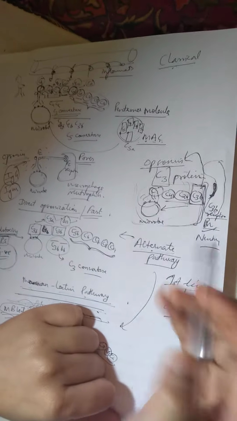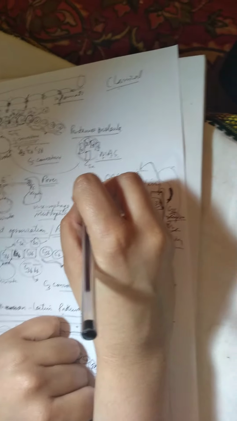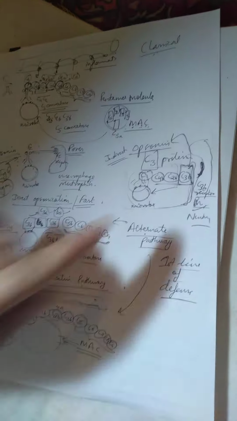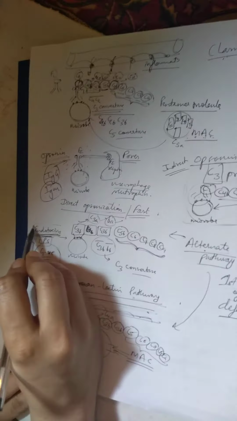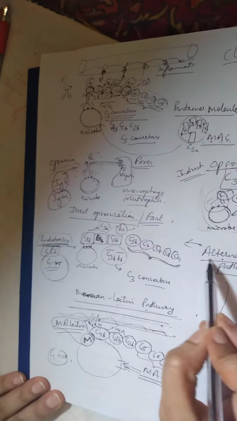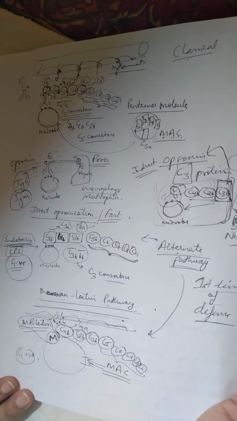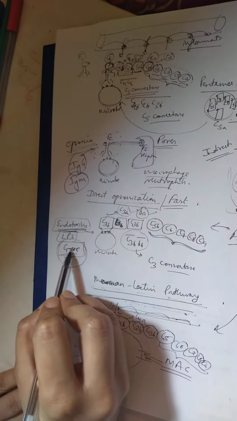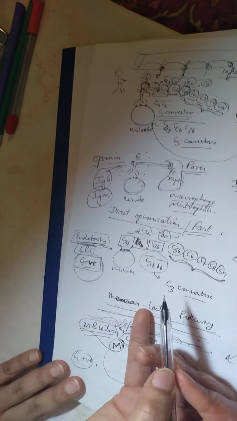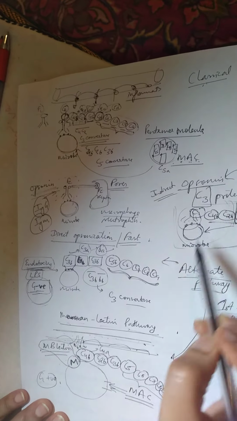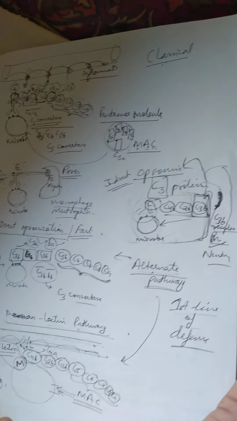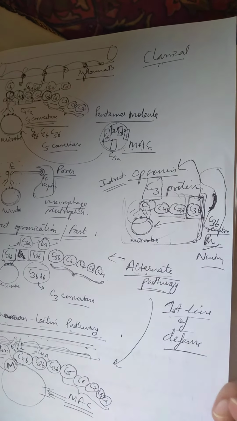That's why we can say this is the indirect opsonization. And this endotoxin pathway, the alternate pathway, is more commonly seen in the gram negative, because in gram positive, this indirect opsonization will do the work. They will do the defense against this microbe.